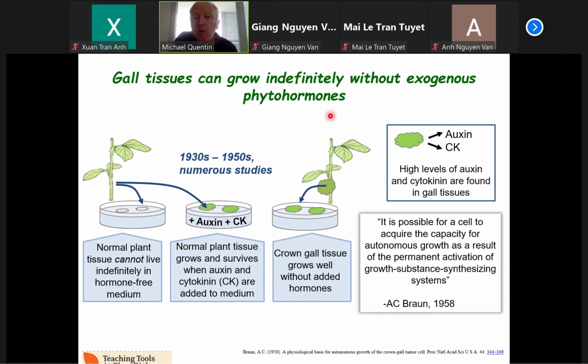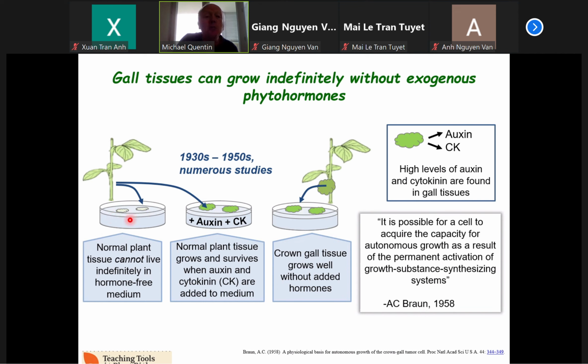They showed that it was possible to grow the gall tissue, so the plant cells extracted from the gall, in vitro without exogenous phytohormones. I told you when I spoke about in vitro culture that if you grow plant cells on a medium which does not contain phytohormones, the cells will not be able to divide.